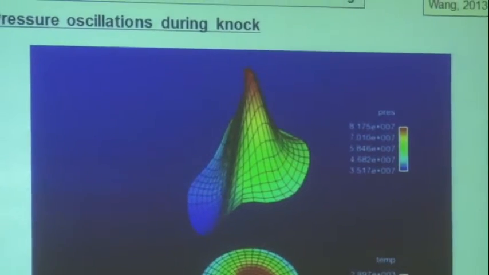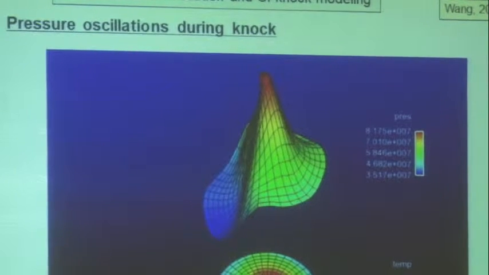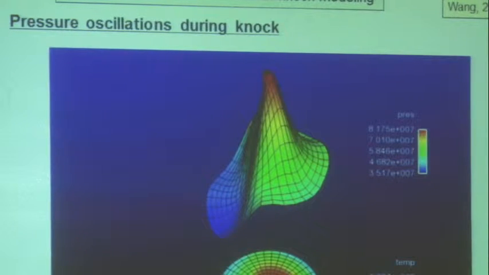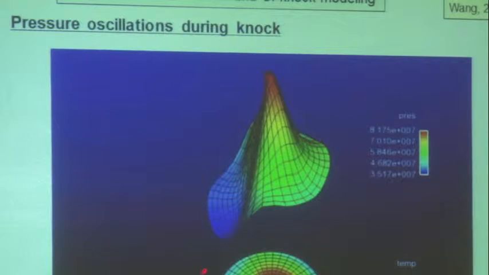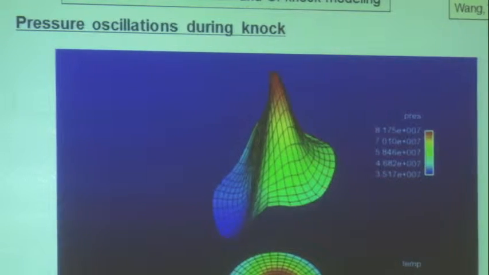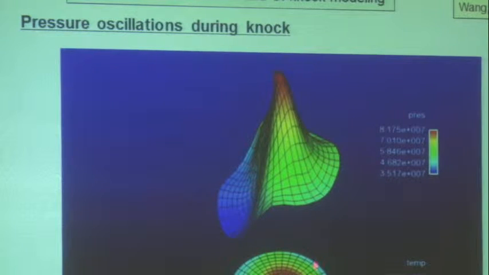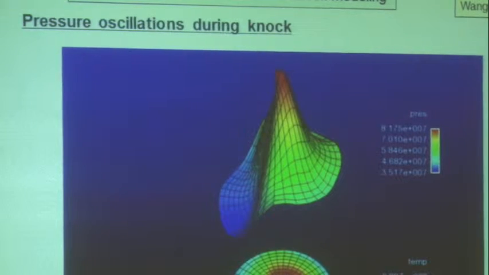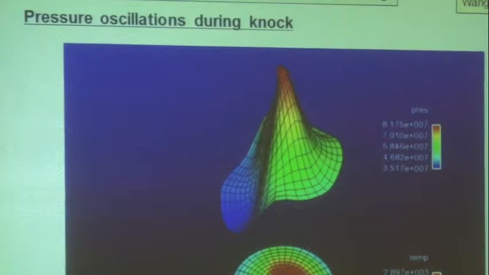It was made by a postdoc who was visiting us, where he essentially looked at the combustion chamber and plotted the pressure field just at the beginning of NOC. Down here in the plan view, if you watch the movie, this is the temperature field.